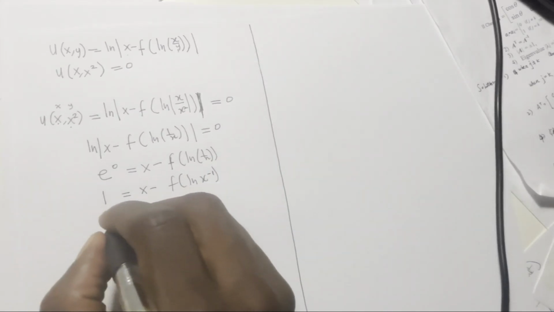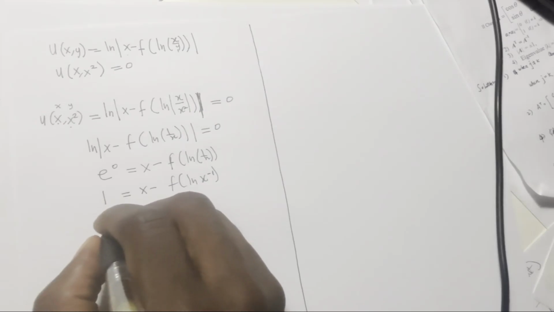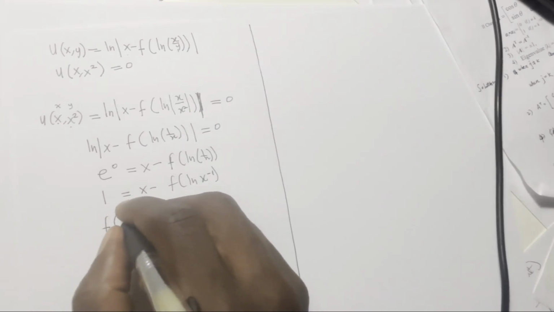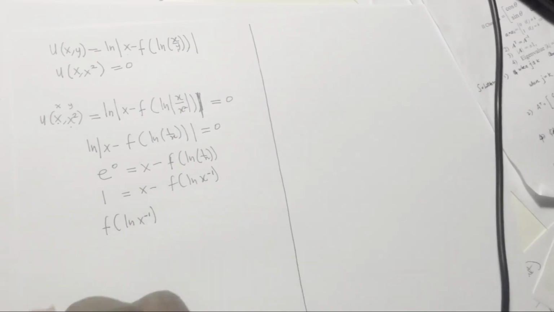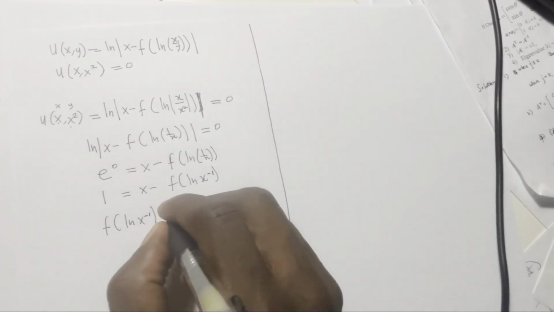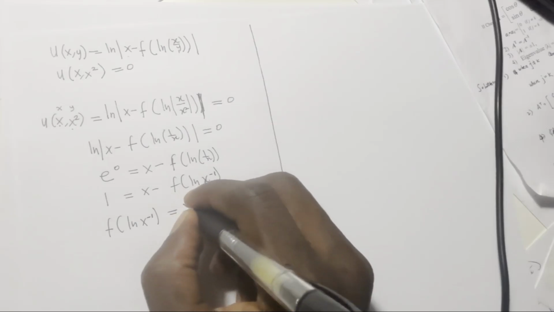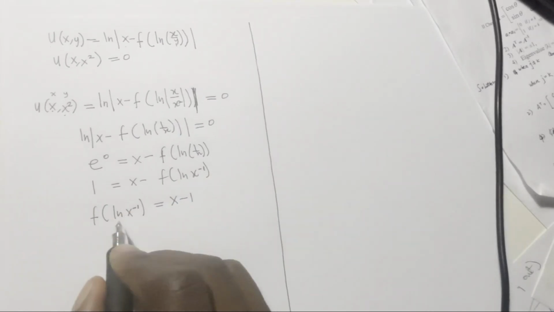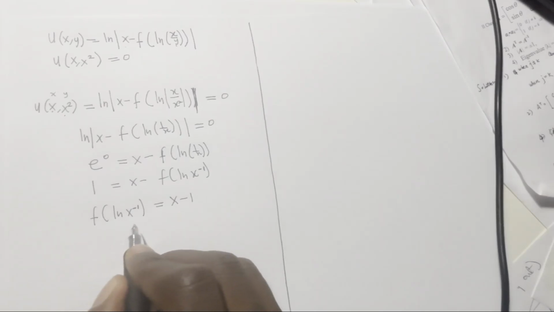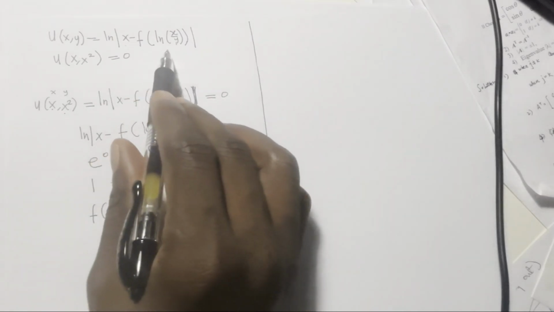And then we can say we have f of natural log of x to the power negative 1 is equal to x minus 1. So we need to get a function so that we can evaluate this whole thing there.